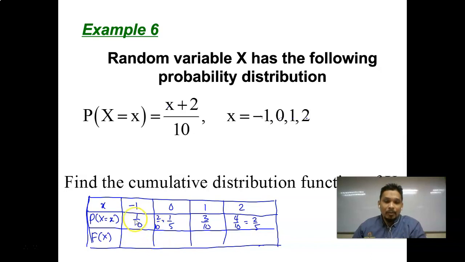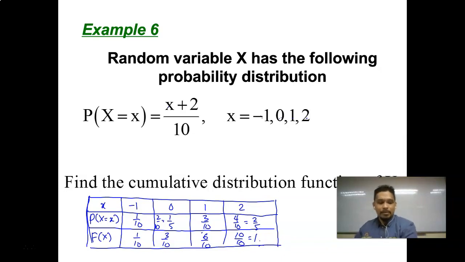Okay, now the cumulative distribution function when x equal to negative 1, the first value, is 1 over 10. Plus the next value, 1 over 10 plus 2 over 10 is 3 over 10. 3 plus 3 equal to 6 over 10, 6 plus 4 equal to 10 over 10, or equal to 1.